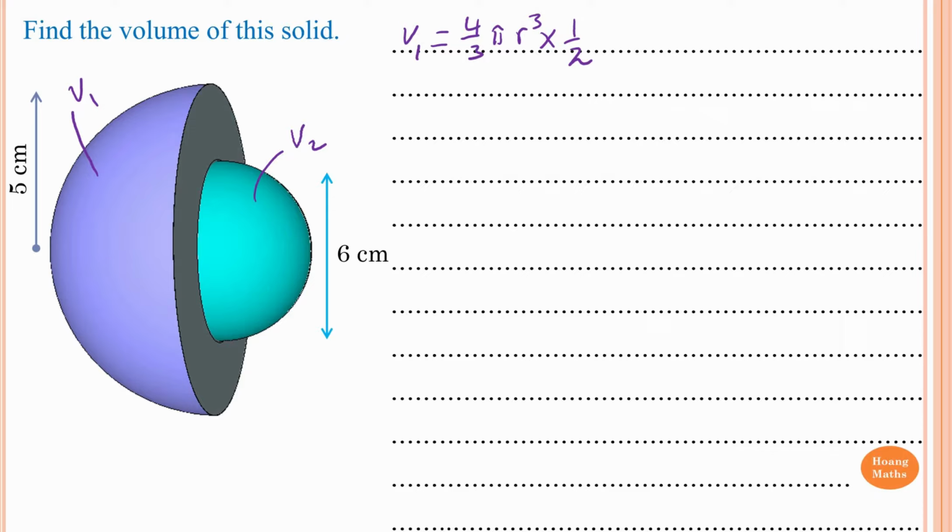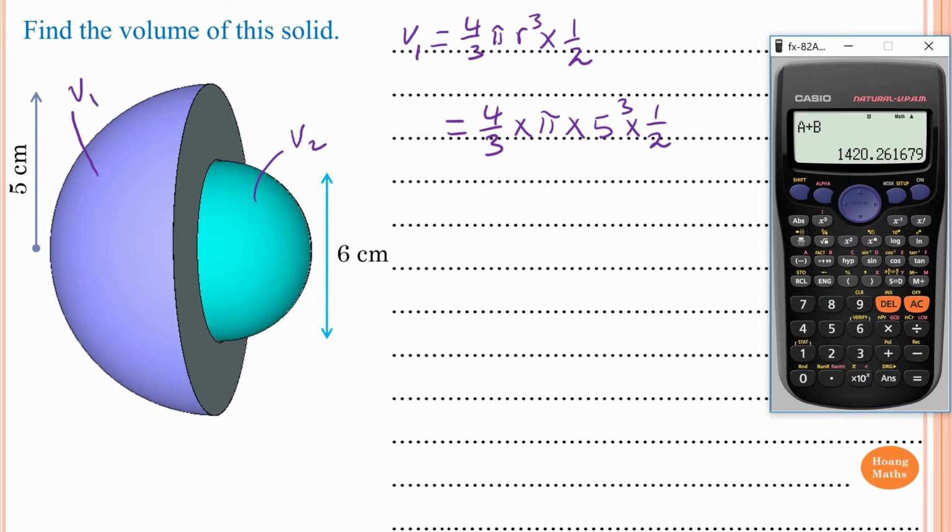So which is equal to 4 over 3 times pi times the radius cubed, which is 5 power 3, and you times this by a half. So that is V1. So I just put it in the calculator. So which is 4 divided by 3 times shift pi times 5 power 3 divided by 2.